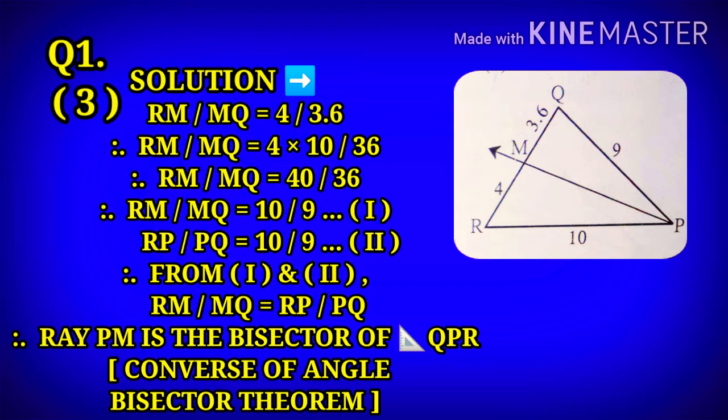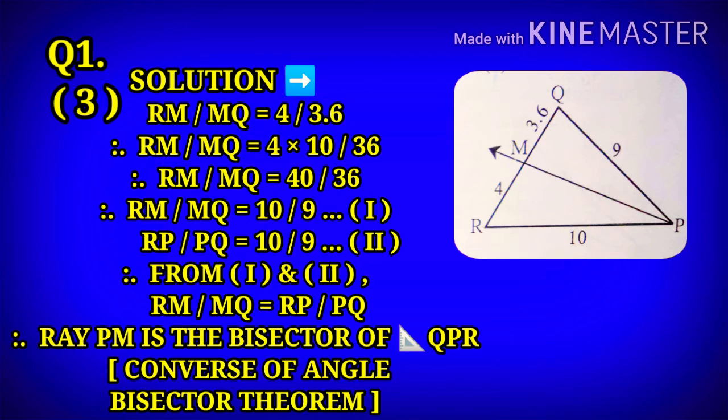Now, the next step is RM upon MQ is equal to 40 upon 36. Therefore, RM upon MQ is equal to 10 upon 9 is the first step. The next step is RP upon PQ is equal to 10 upon 9 as shown in the figure is the second step.